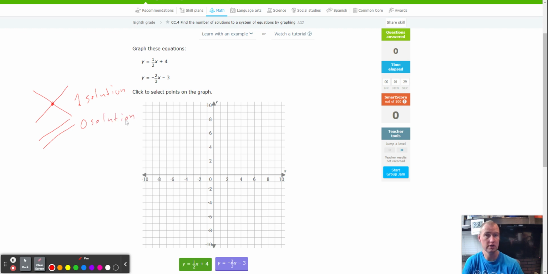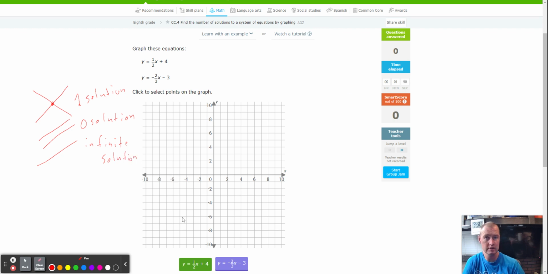And the reason why it's no solution is because the lines do not cross. Now, the last possibility is when you have a line that matches the same exact line, and we call that infinite. So when they're the same exact line, we call that infinite solutions.